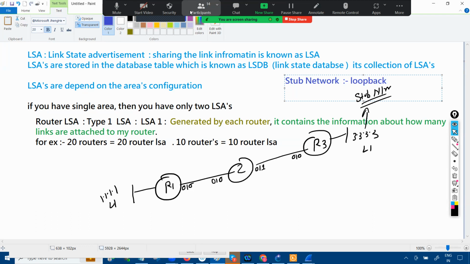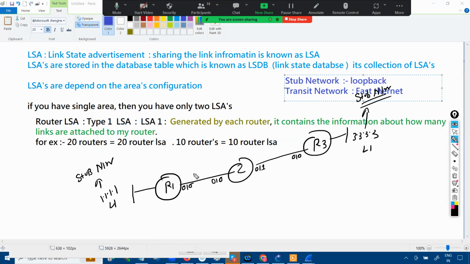And transit network, guys, please pay attention. Transit network, we have a FastEthernet 0/0, or any Ethernet. In this diagram, we have FastEthernet. So these are called stub networks right now.